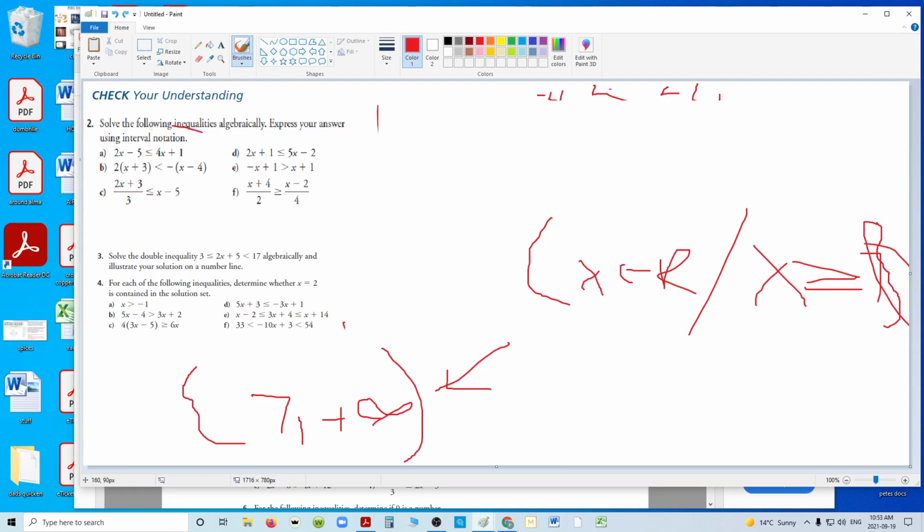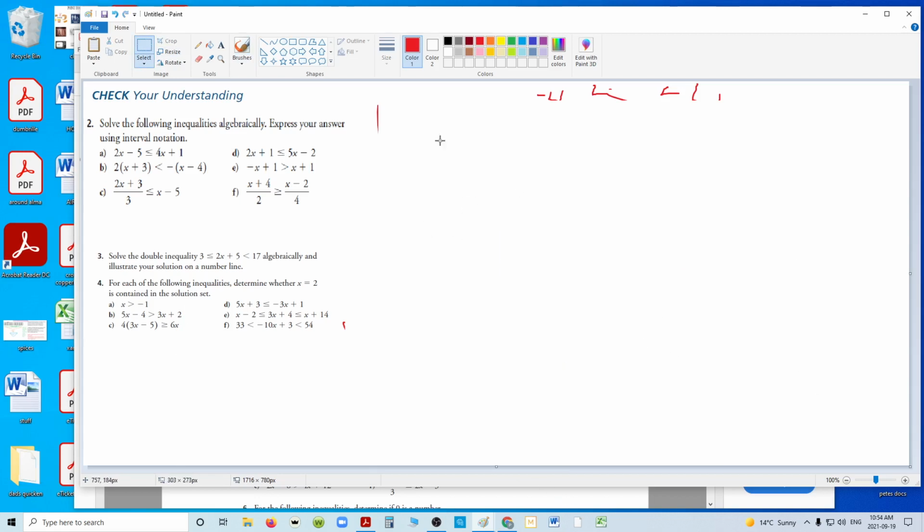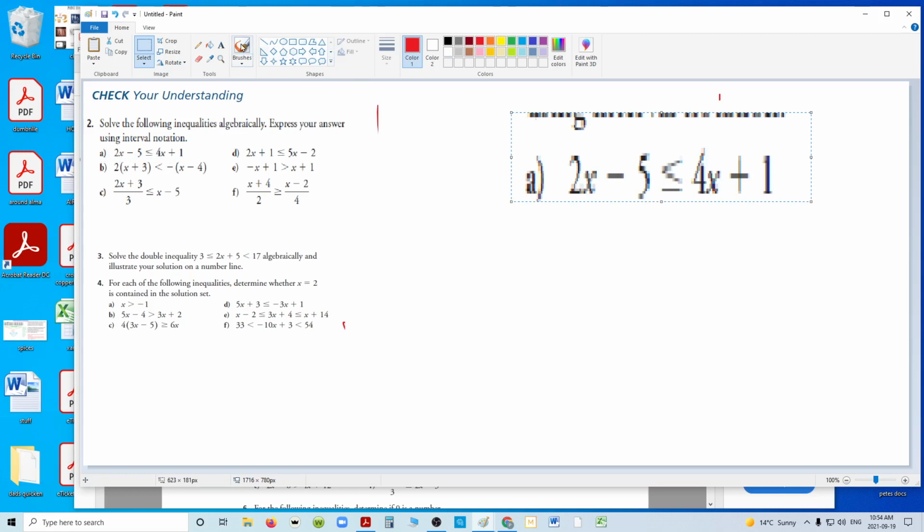Okay, now we're going to go to set notation, or interval notation. Okay, it's the same thing. They just want you to practice your notation. So I'm going to steam through it. I bring the 4x to the left side, smaller or equal, I bring the minus 5 to the right side. I divide by -2, so I must change the signs.